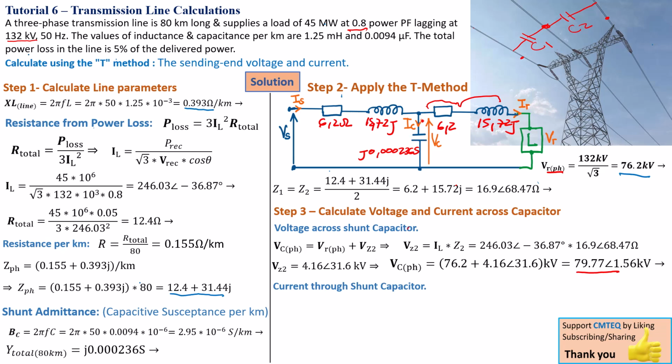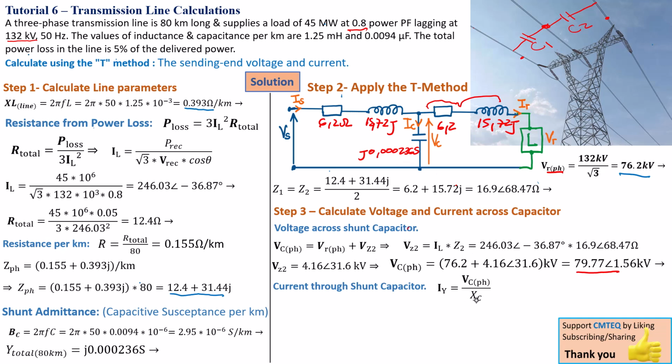To find the current through the shunt admittance, we need to find the reactance, the impedance across the shunt admittance. First, we know that the current IY is equal to VC phase divided by XC. But we know that Y total was calculated for 80 kilometers, and that is equal to this value here.